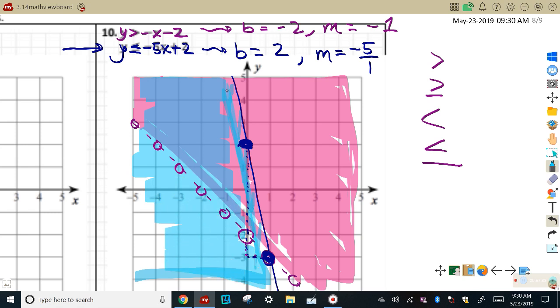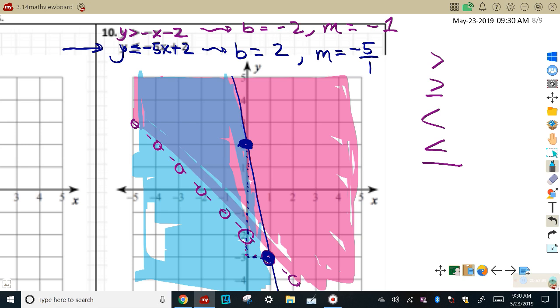Okay? Now, I need to be super clear because when I'm looking for a system of equations, you're looking for the things that overlap each other. Now there's one section that got shaded by the pink and the blue. Do you guys see where that is going to be? Yeah. Hopefully we can see it's right in here.